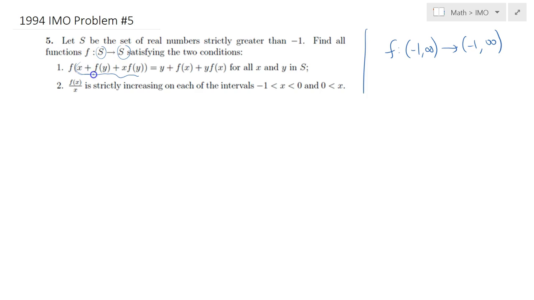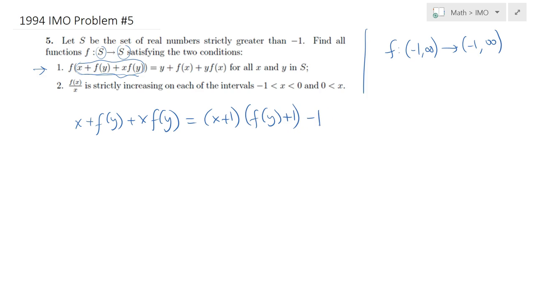Let's check if the argument is greater than -1, otherwise this condition won't even make sense. So let's write that down first, plus x f of y. That one we can factorize as (x plus 1) times (f of y plus 1) minus 1.